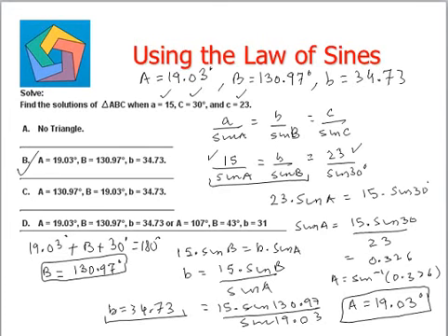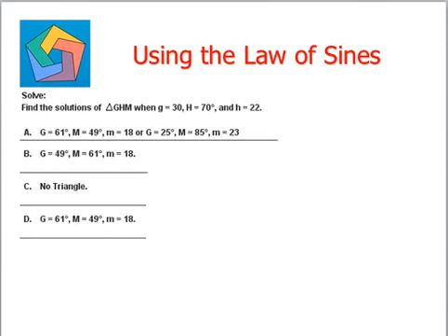Moving on to the next question. Find the solutions of triangle GHM when g is 30, H is 70 degrees and side length h is 22.